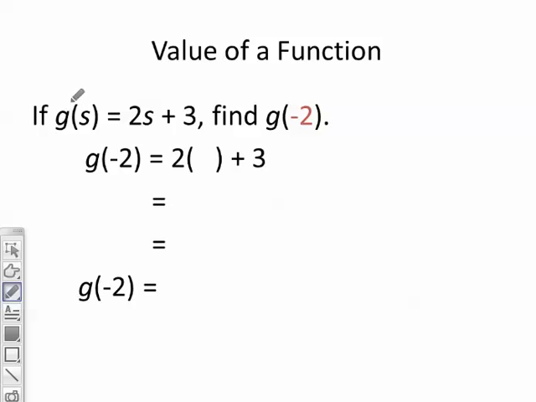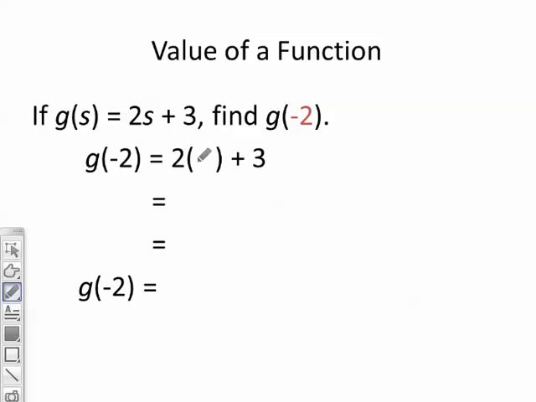Let's try a couple. G of s. Wait a second, Mr. Green, you switched letters on me. Functions don't have to always be f. They could be anything, any letter you see there, any script letter you see there, followed by parentheses and a variable inside of them. So this is g of s, and that means it's a function of variable s, and the function is 2s plus 3, and they want to find the value of g of negative 2.